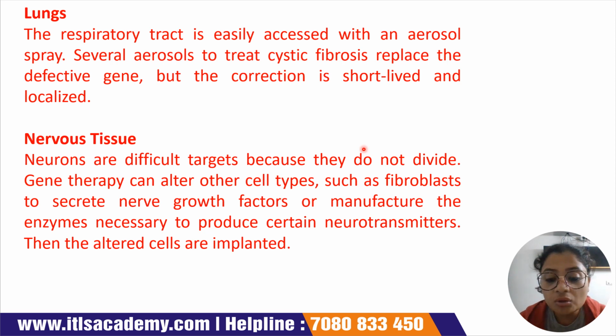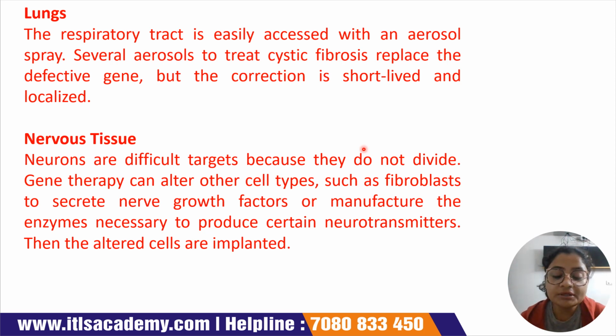We all know that the structural and functional unit of the nervous system is the neuron. Neurons are difficult targets because they do not divide. Neurons, RBCs and brain cells are some of the cells of the body which do not multiply or divide.